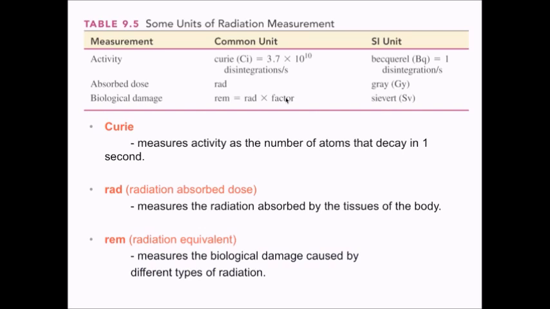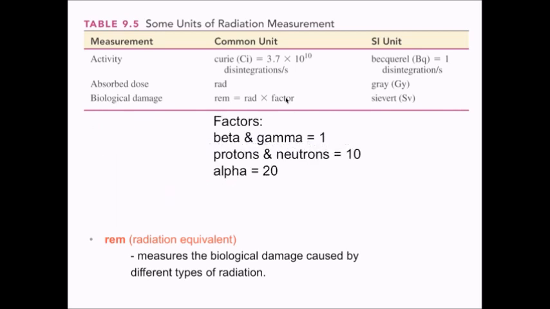Now we want to take a look at the factors, the different types of radiation, and how that affects the damage. So here are our factors. Now why does the alpha particle have 20 and the first ones have only 1? Because alpha particles are so deadly to us internally. That's why it's 20.